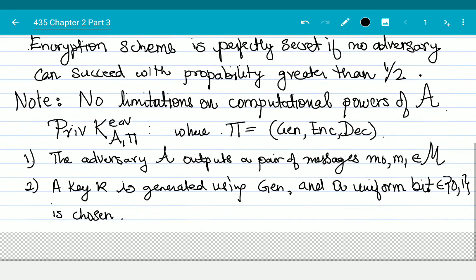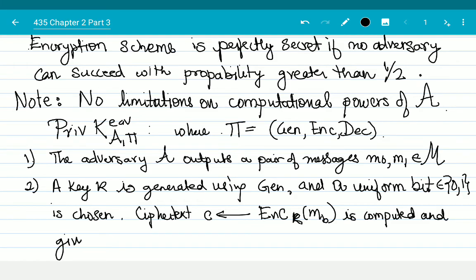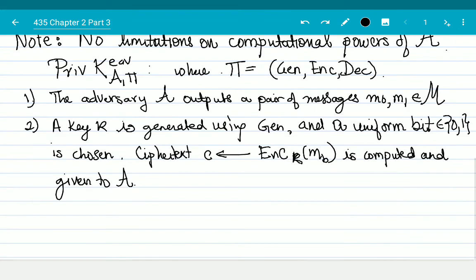Then the ciphertext C, which is an encryption under K of MB, is computed and given to A. So C is often referred to as the challenge ciphertext. Okay.